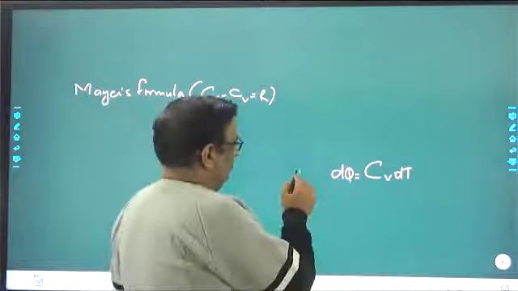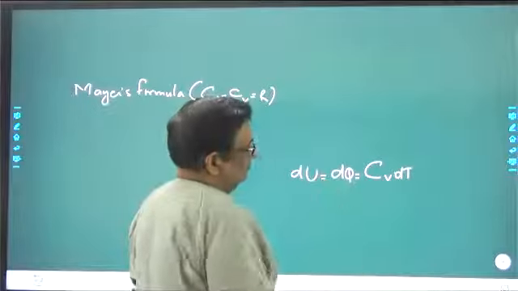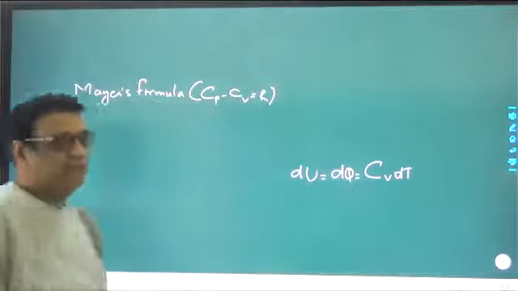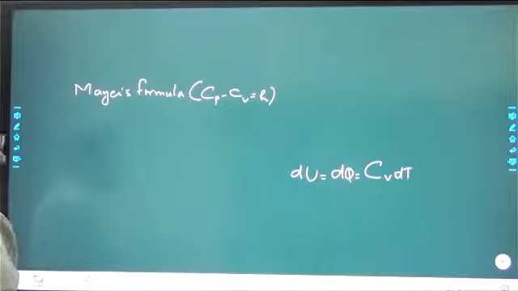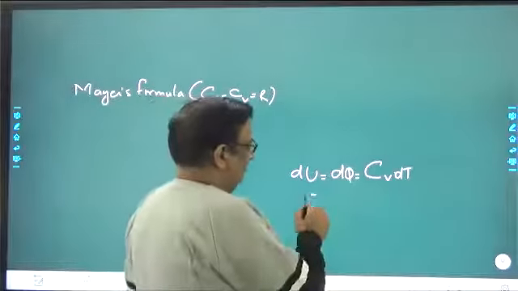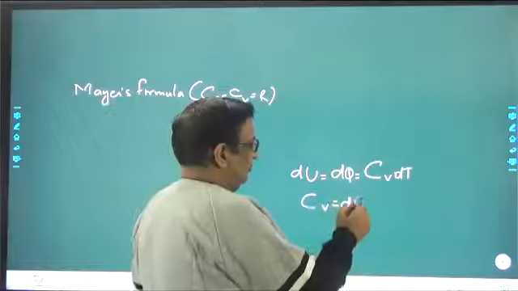So dq is equals to du. So du is equals to CvdT. ये हमने पहले भी एक बार relation use किया, Cv is du by dT.